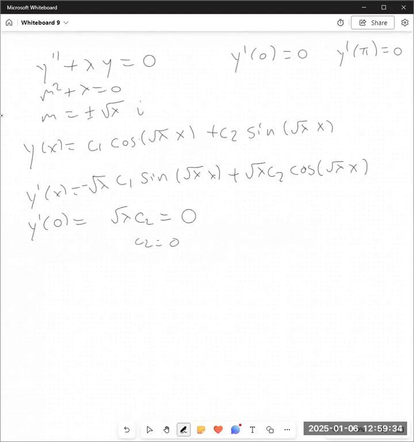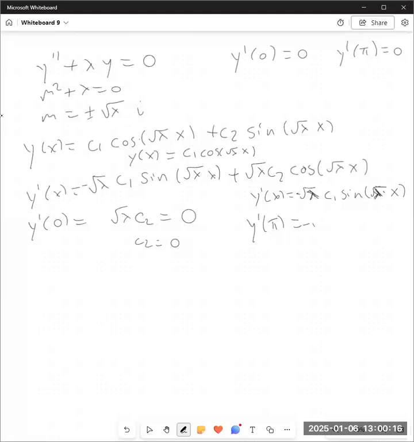So c2 equals 0, making y(x) turn into c1 cosine of root lambda x, and making y'(x) turn into negative root lambda c1 sine of root lambda x.